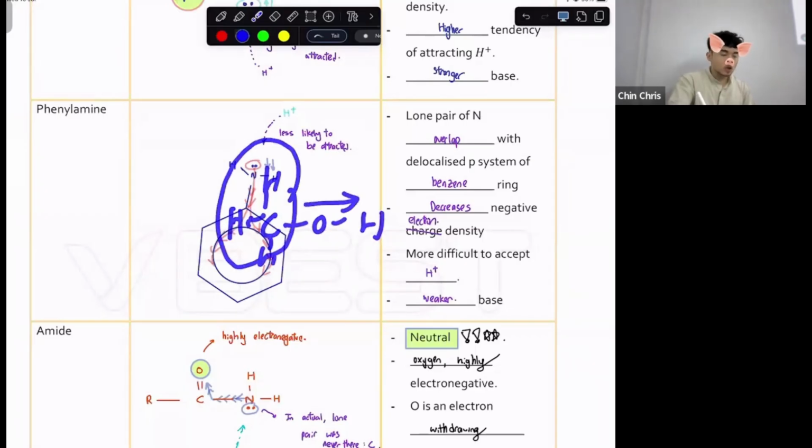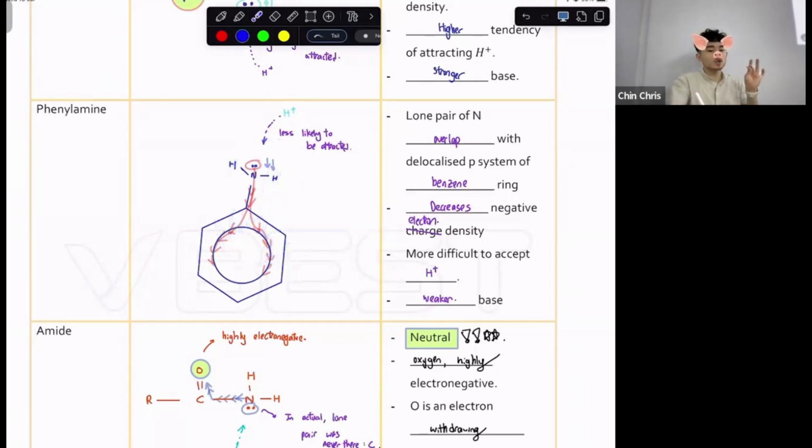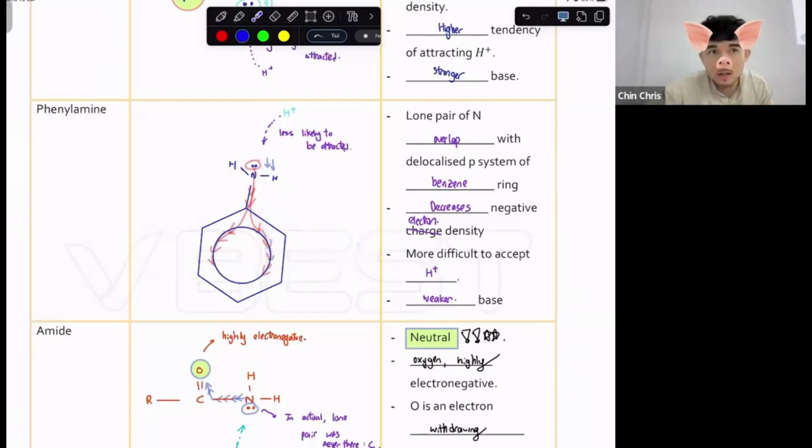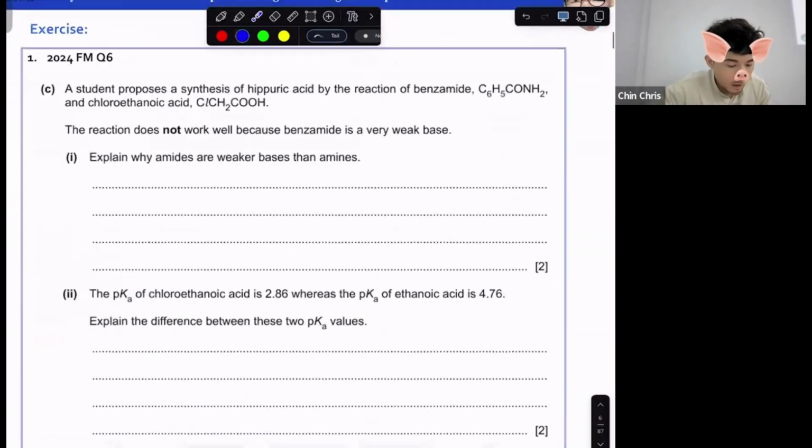This will still push the electron here. So for the OH group, you have to imagine it is always bonded to something that will determine its property. OH alone, you cannot tell if it is basic or acidic. Something must be bonded to OH, then only you can tell. Alright guys, let's go to the next question now.